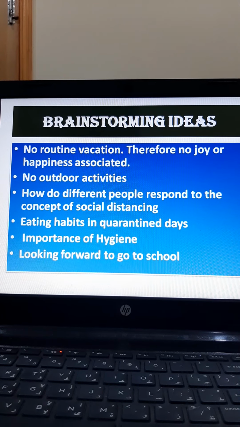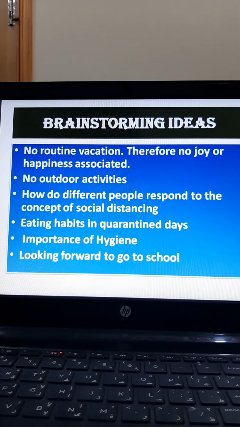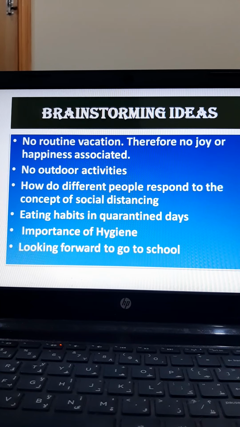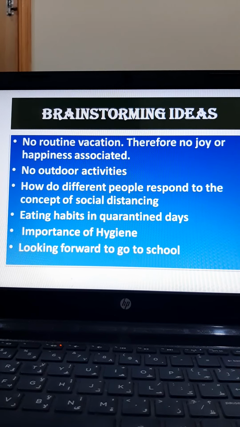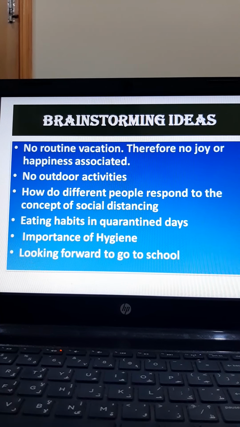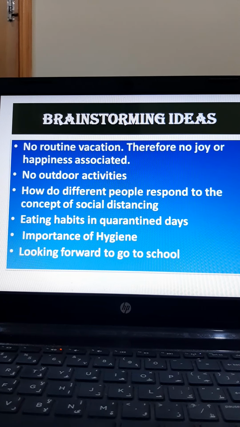Eating habits were definitely different from the routine days, because when you are bound to stay indoors, you tend to eat more. Maybe out of boredom, out of hunger. You can elaborate this point in an interesting manner, giving examples of weight gain, maybe.